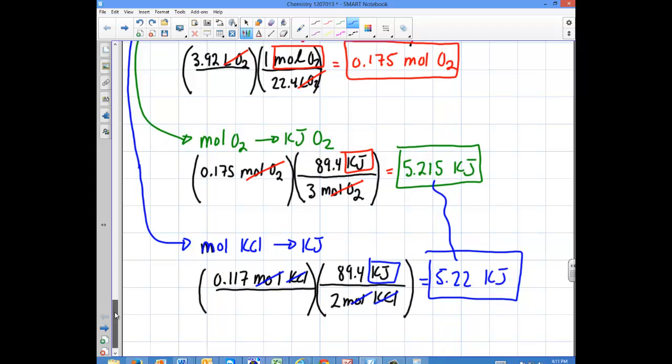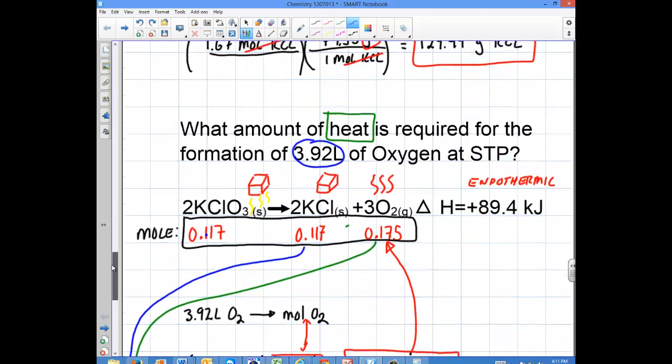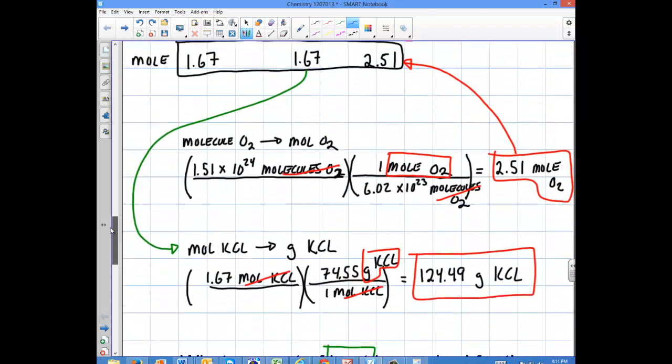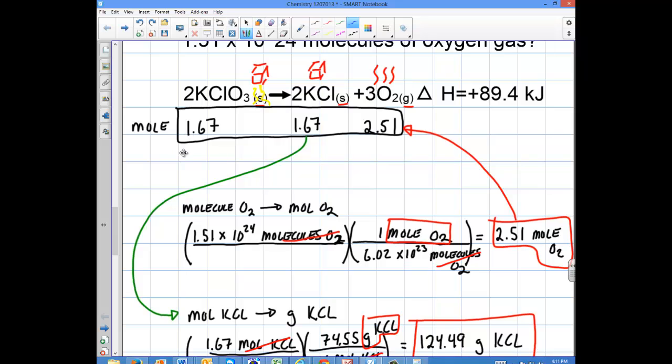The common theme here that I'm trying to point out is that when we're doing these types of problems, it's very useful to organize your data in a clear fashion just to show the number of moles here. It's simple, it's organized, and then you have a focal point of where you're going. At least if you have the number of moles, you have like a central station where you can move in and out of, right? And so that's the whole point.